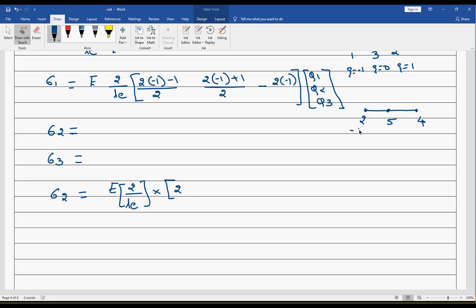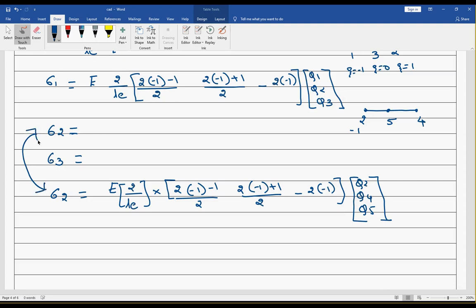Now xi here will be minus 1. So 2 into minus 1 by 2, 2 into minus 1 plus 1 by 2, minus 2 into minus 1, and now I will have q2, q4 and q5. Both sigma 2 values should come the same. If they come different, we have made a mistake.